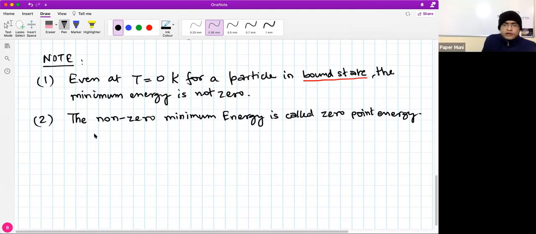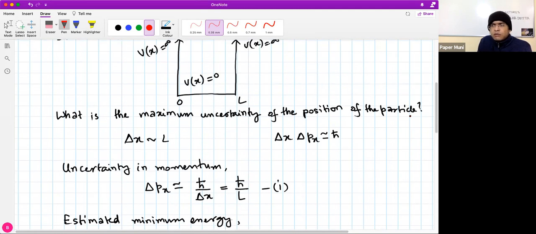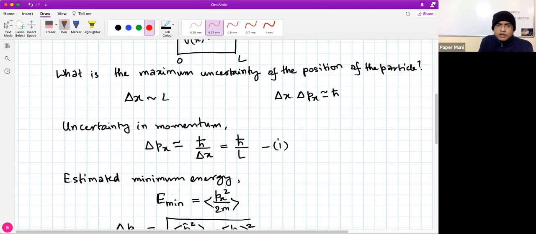So in this case, this is the zero point energy. What you see here is that if the particle is in the minimum energy state, we do not know what the energy will be, but what we can talk about is the uncertainty.